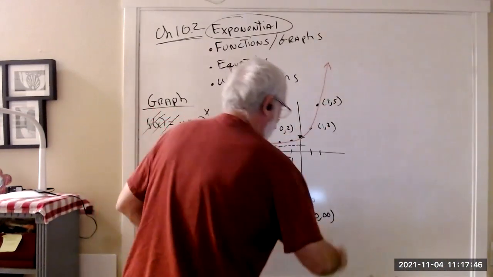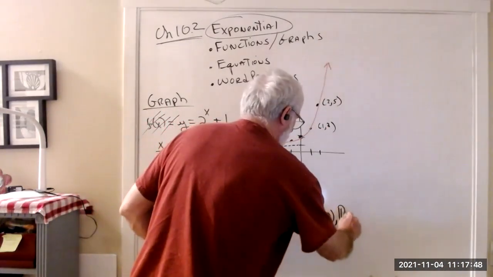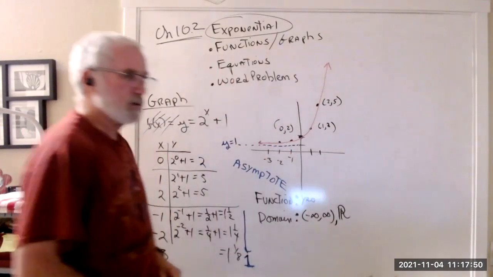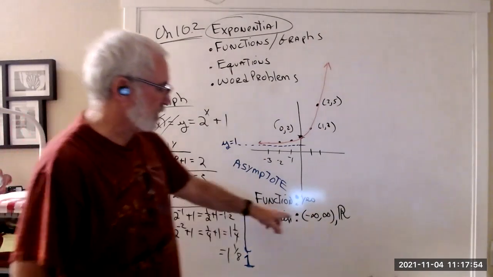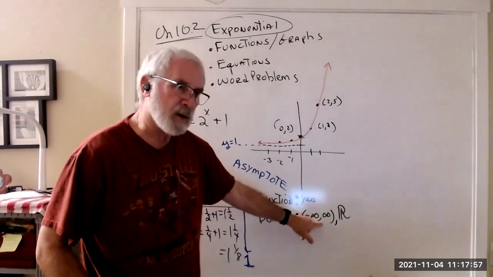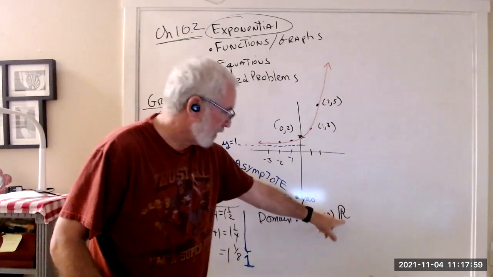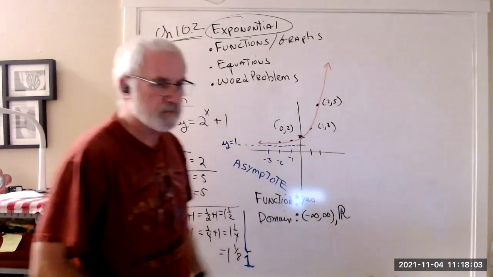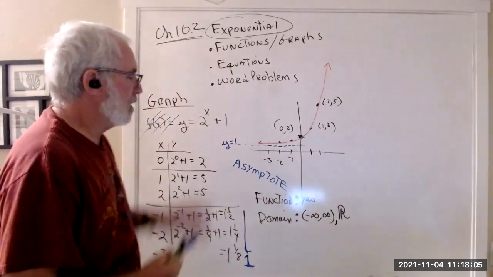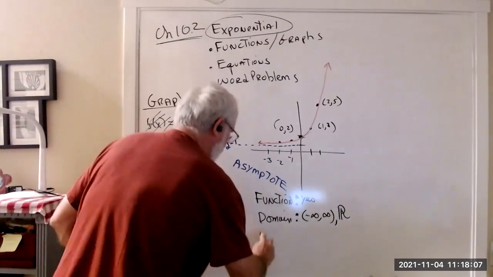Or the alternate way is a fancy R. Those are 2 ways to say everything. This says from -infinity to +infinity on the number line. That's what the fancy R says. They're the same thing. Okay, what's the range?